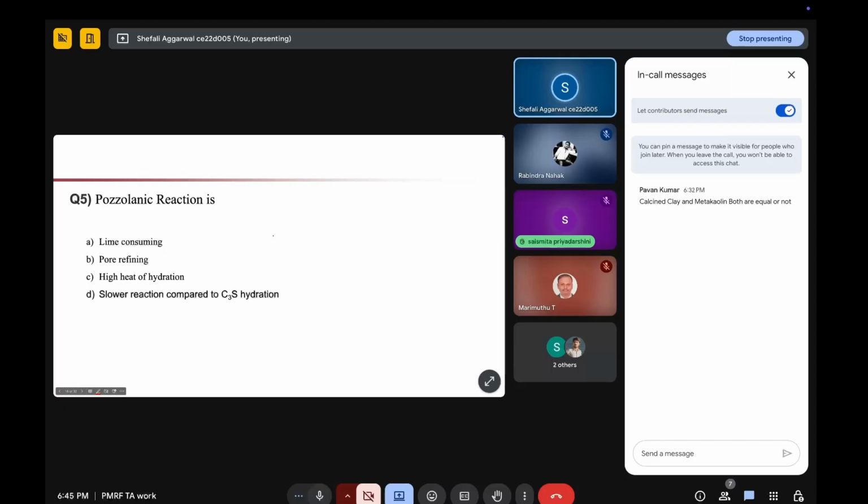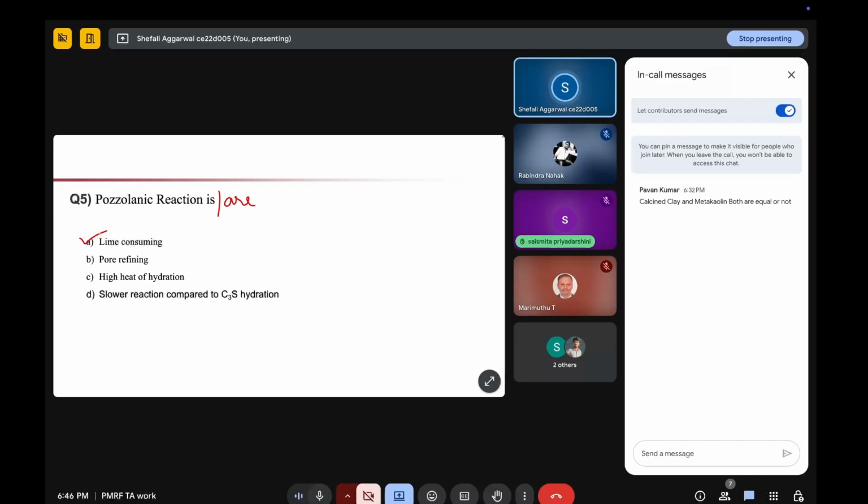Next question is, pozzolanic reaction is lime consuming, pore refining, higher heat of hydration, or slower reaction compared to C3S hydration. A, lime consuming.